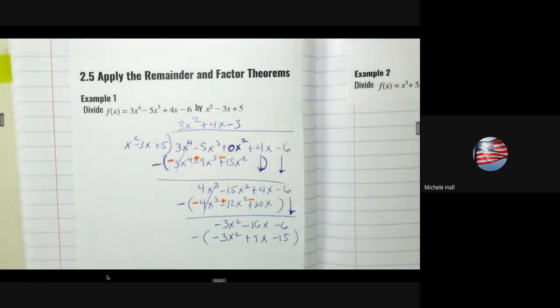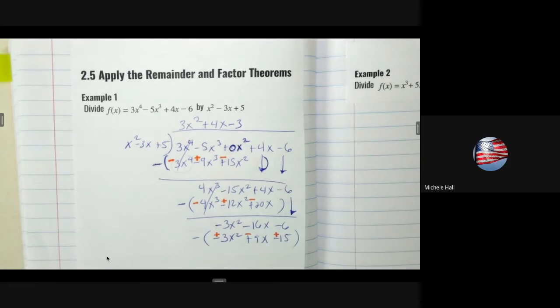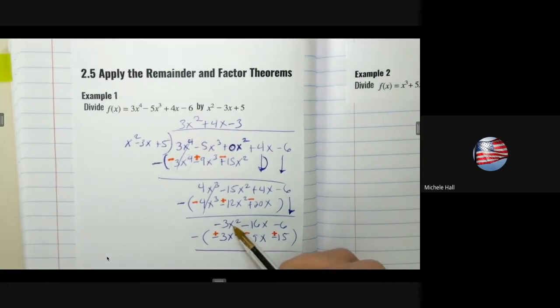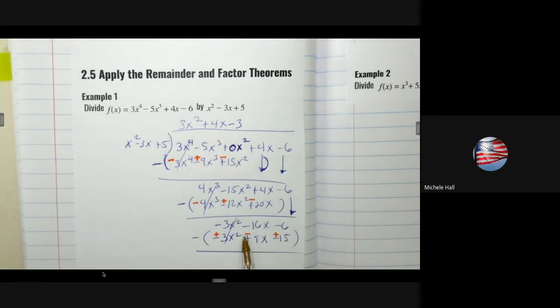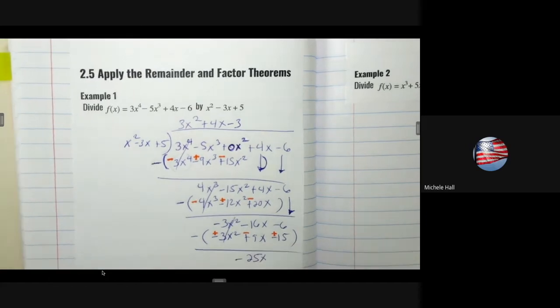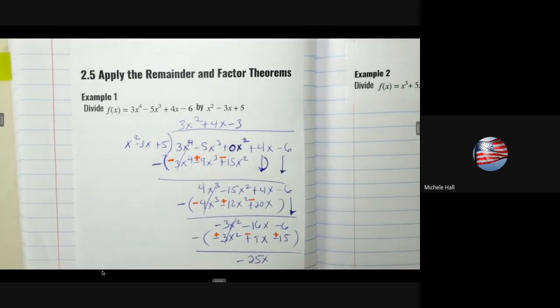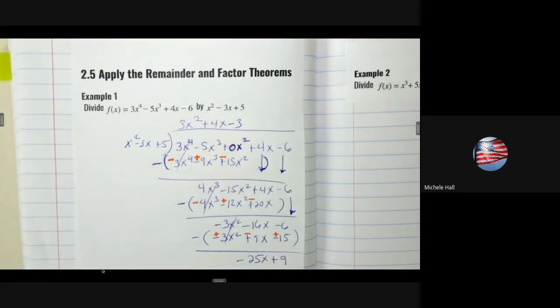And again, we're going to subtract off, change our signs. Negative 3x and positive 3x cancel. Negative 16x and negative 9x is negative 25x. And then negative 16 and positive 15 is going to be 9.